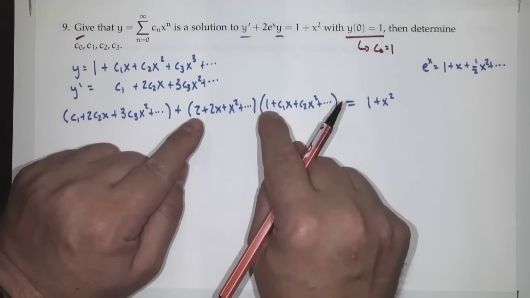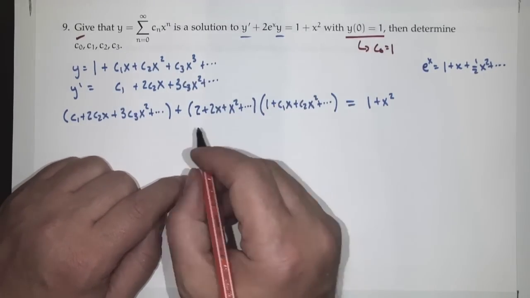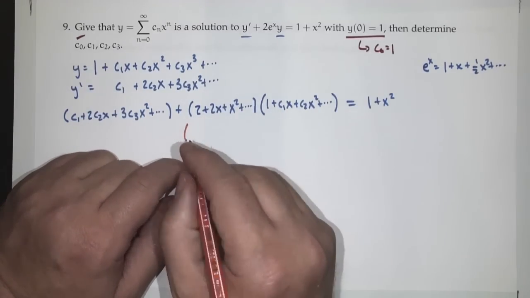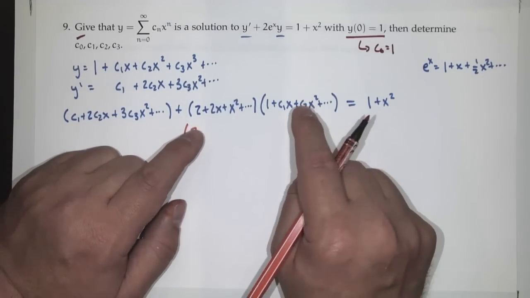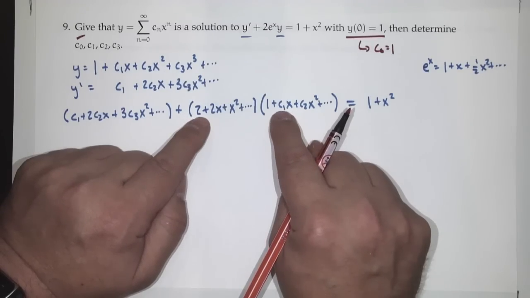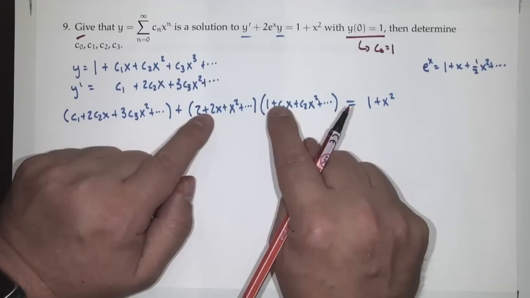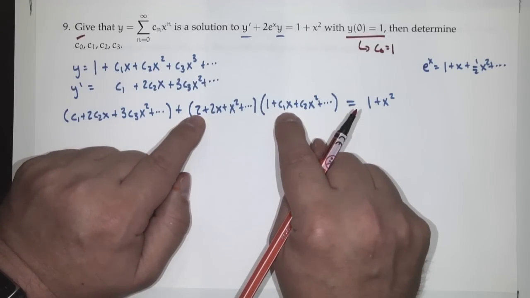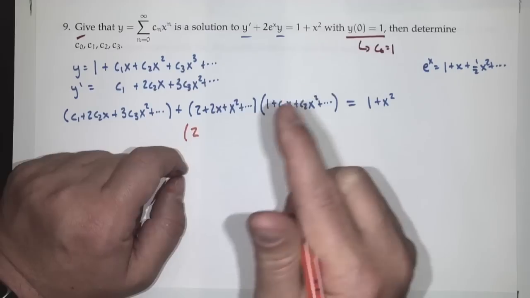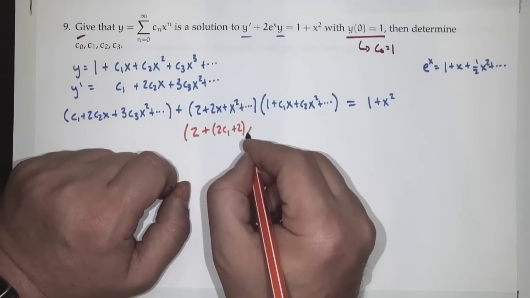So for your constant terms, the only way you can get constants are constant times constants. So that would be 2 times 1, which is 2. If I want to get x's, I can take constant times x or x times constant. Notice how my fingers move in opposite directions. So plus 2c1 plus 2x.